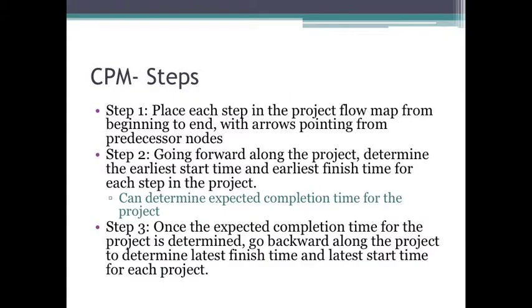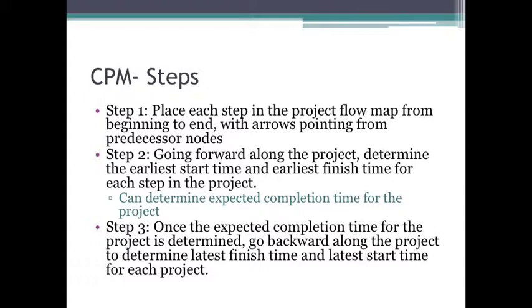Now, for base PERT CPM, there's 3 steps. And when we get to PERT CPM with uncertainty, there's going to be a lot more. We basically add on to these steps. But for basic vanilla PERT CPM, there's 3 steps. Step 1, you draw the project flow map.